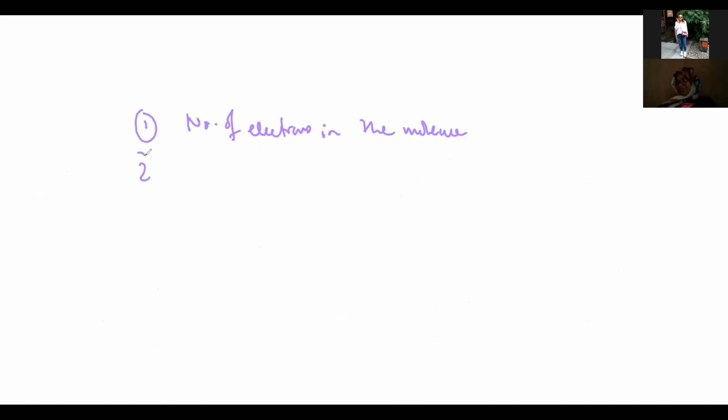Number 1 is number of electrons in the molecule. And number 2 হলো number of contact points. So এ দুটো হলো.